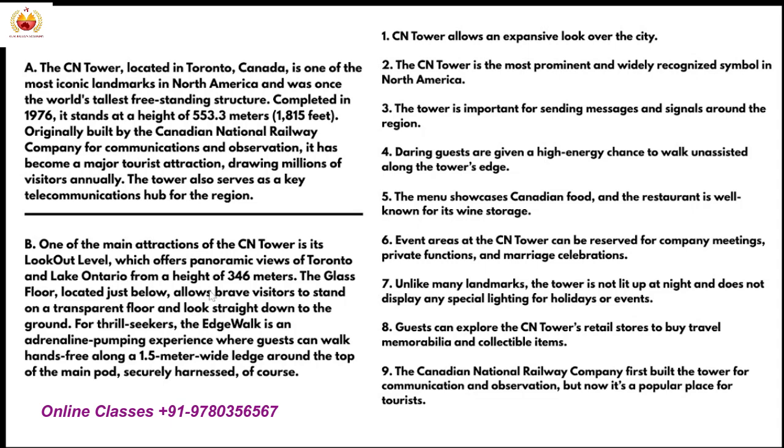Okay, now we'll read the remaining. Whatever we have answered is already done. We'll read the first question. It says the CN Tower allows an expansive look over the city. So this expansive is another word. You might get confused between this expansive and another expensive, which is spelled with a different letter. Expensive is something costly, where you have to pay more money.